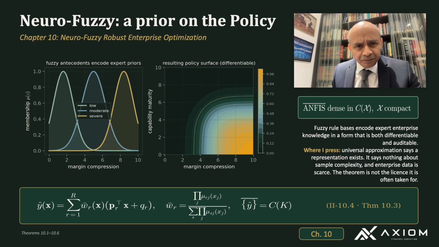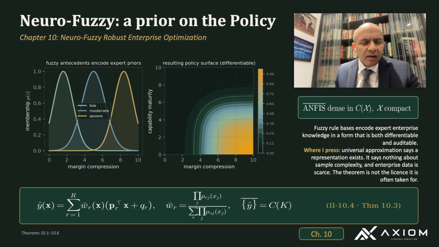Theorem 10.2 gives existence of neurofuzzy enterprise policies on a compact state space. Under compactness and continuity conditions, the neurofuzzy enterprise policy optimization problem attains an optimal policy rather than merely approaching a supremum.